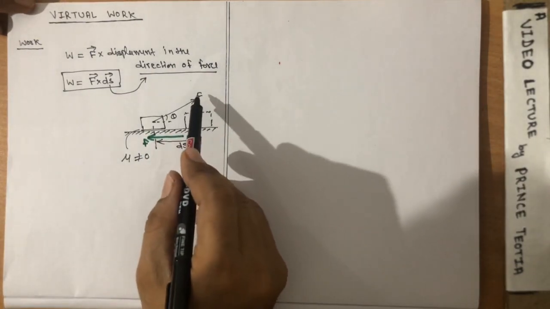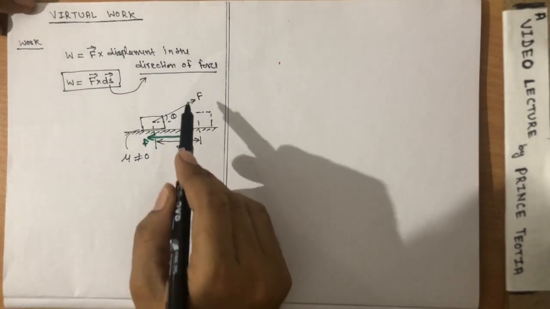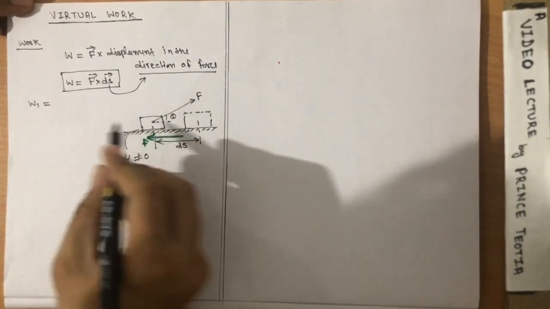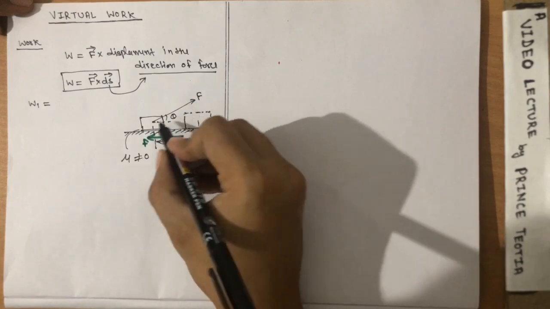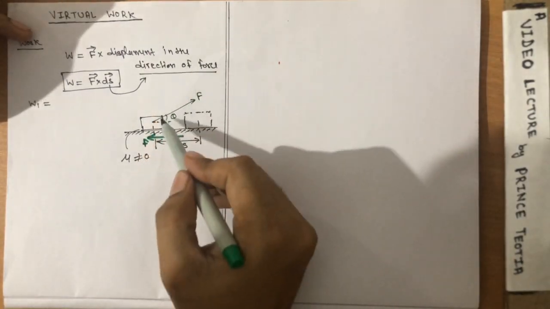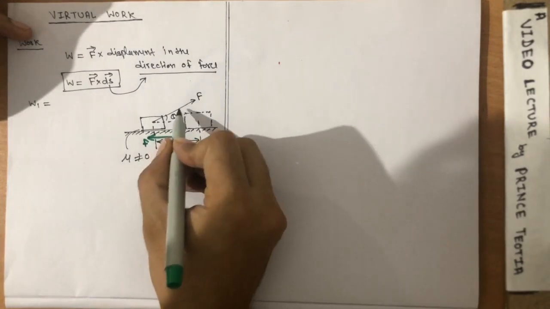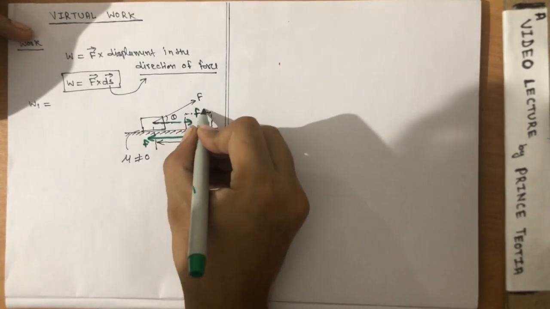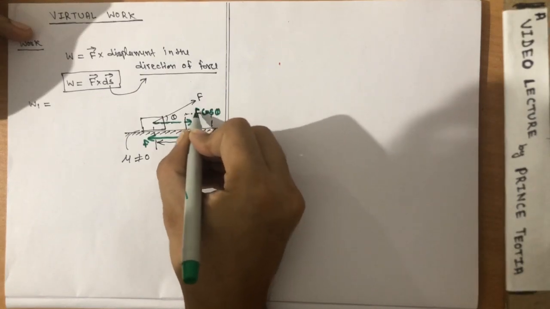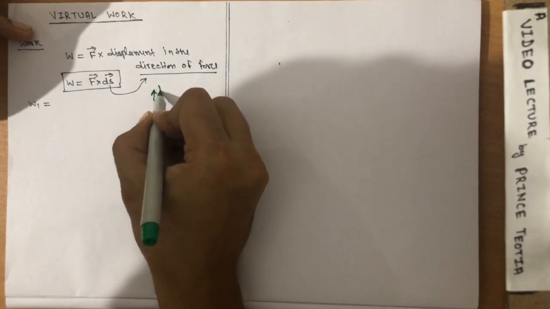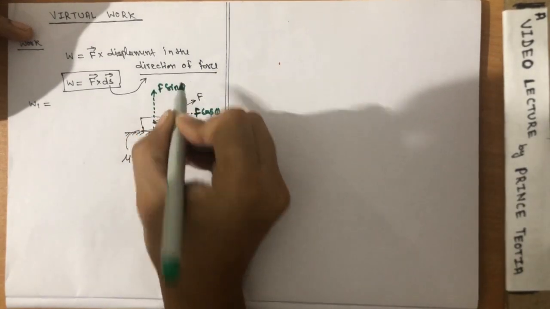so the work done by all the forces will be, the first is suppose W1, force and the displacement in the direction of the force. The displacement should be in the direction of the force. So what we will do, we can resolve this. So this will be F cos theta, and this will be F sin theta.